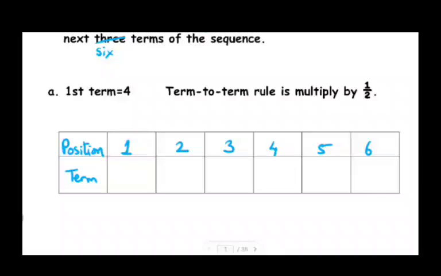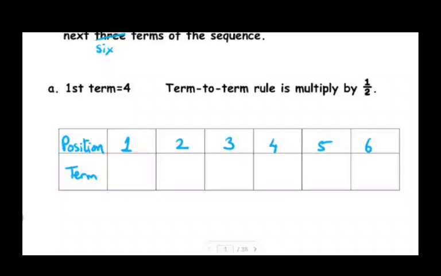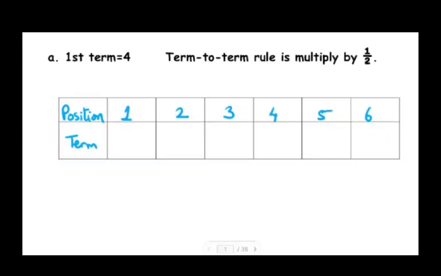So the term to term rule is multiply by half. Okay, and my first term is 4. So I am going to multiply this 4, which is my term, with my term to term rule, which is multiply by half, and I'm going to arrive at my second term. So 2 ones are 2, 2 twos are 4.